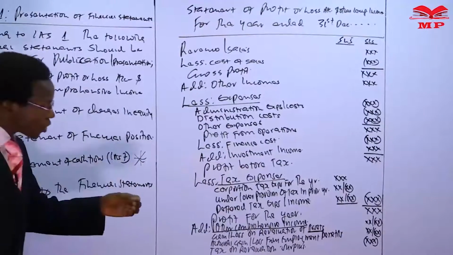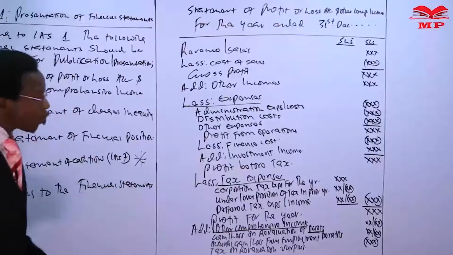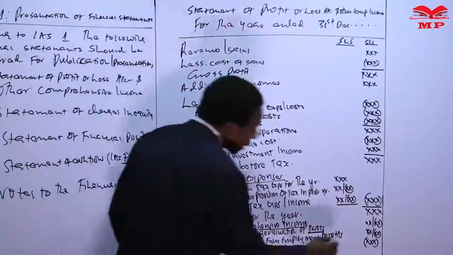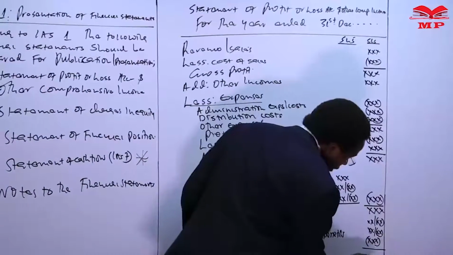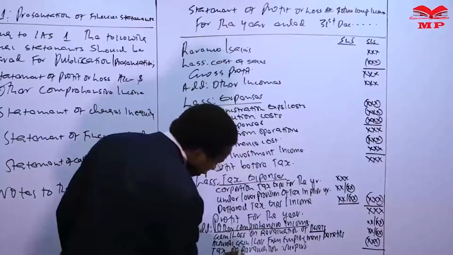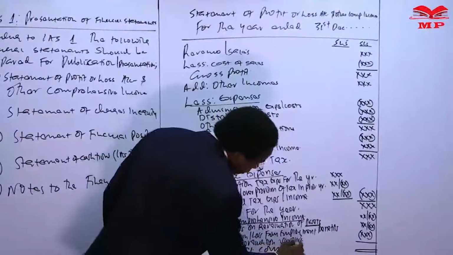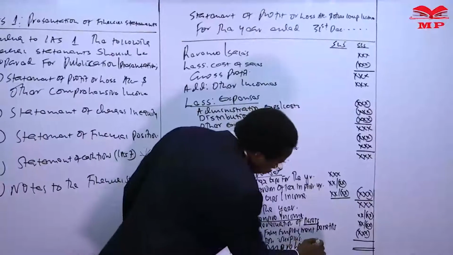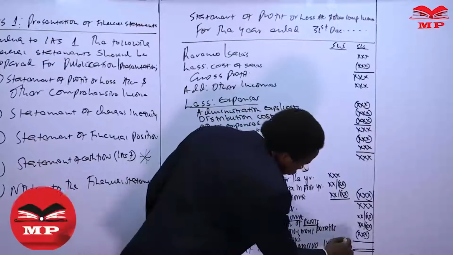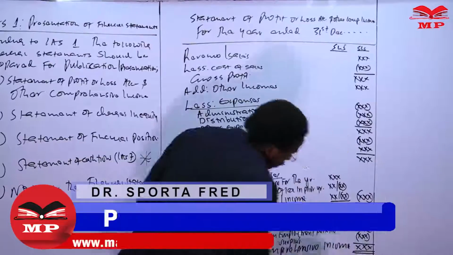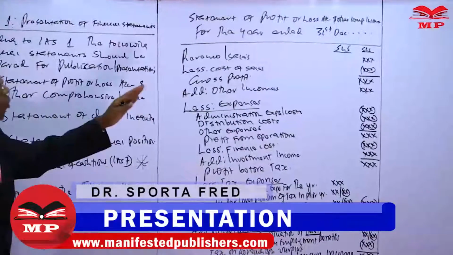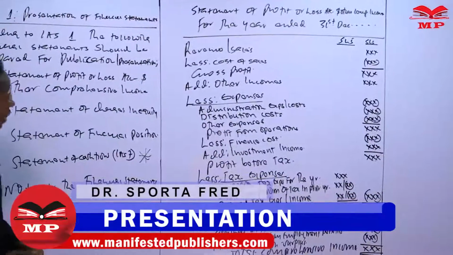If there is a revaluation surplus, then there is a tax on revaluation surplus. Then at that point, we'll get the total comprehensive income. So that is our statement of profit or loss and other comprehensive income.